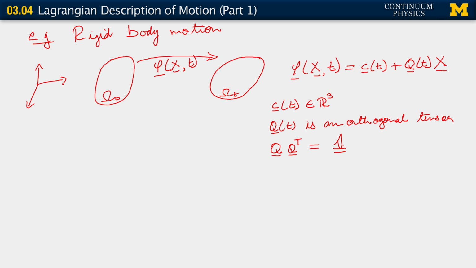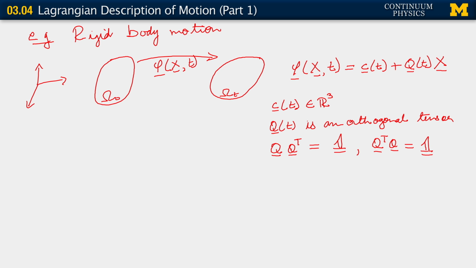But I think we mentioned in one of the earlier segments that this tensor 1 is the second order isotropic tensor. We have this, as well as, of course, this relation also: Q transpose Q is also equal to 1.